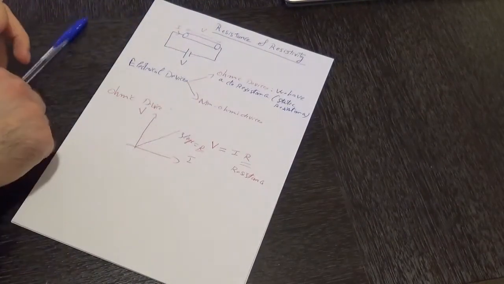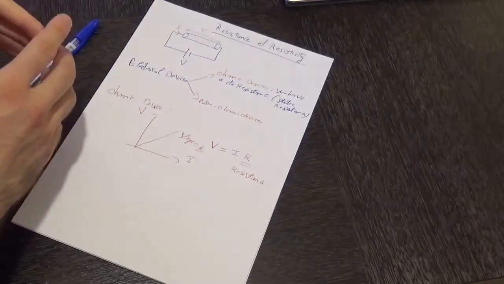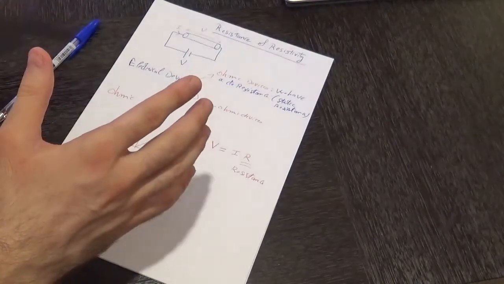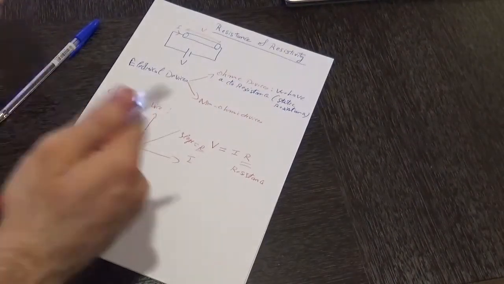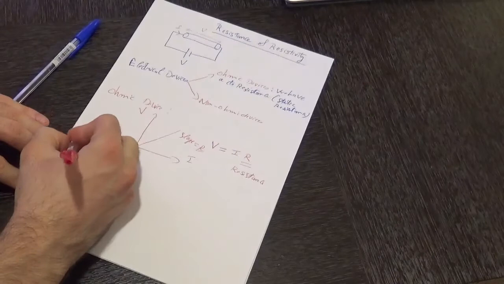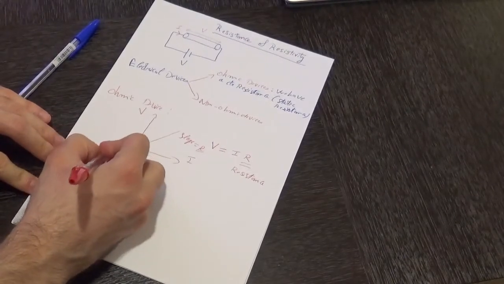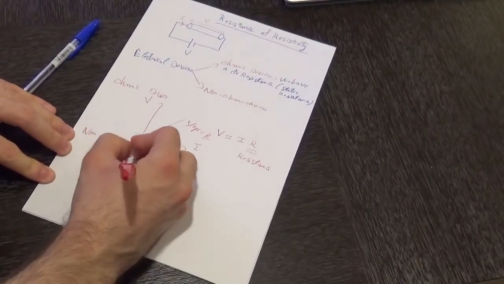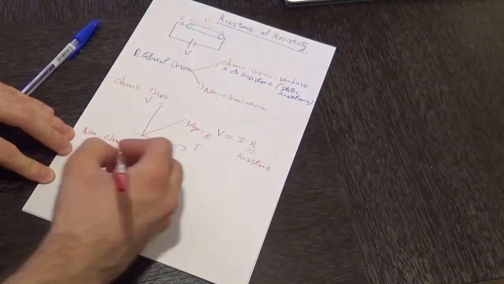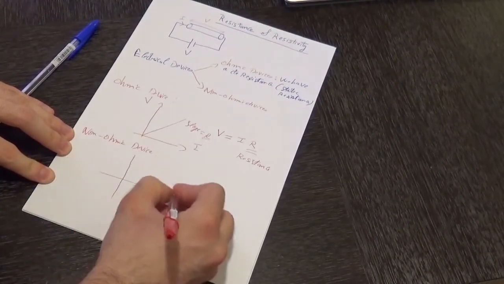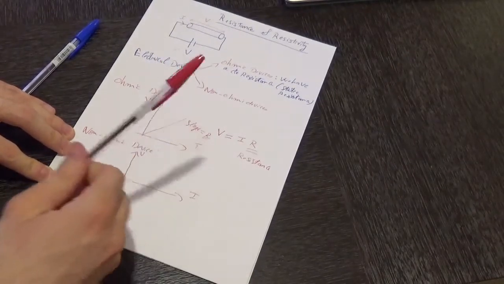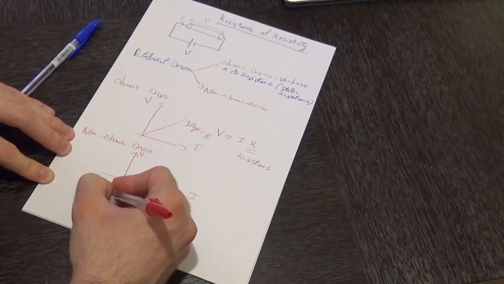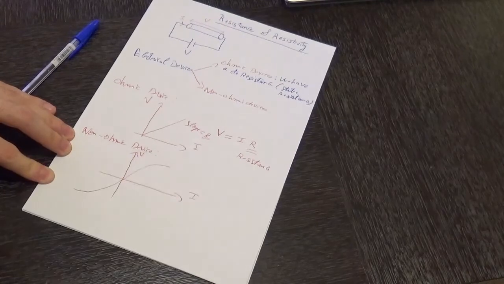Now in the case of the non-ohmic devices, the resistance is no longer a constant. So that proportionality between the voltage and the current is lost in that case. So for a non-ohmic device, graphically the relationship between the voltage and the current is not going to be a linear one, but rather it's going to have the following curvy shape.